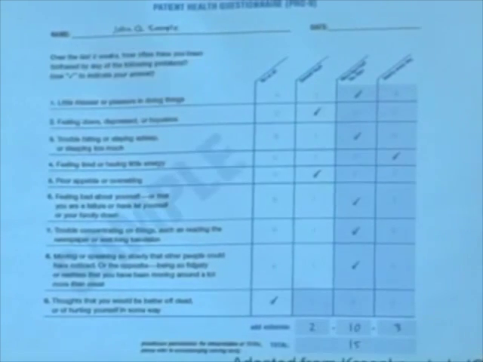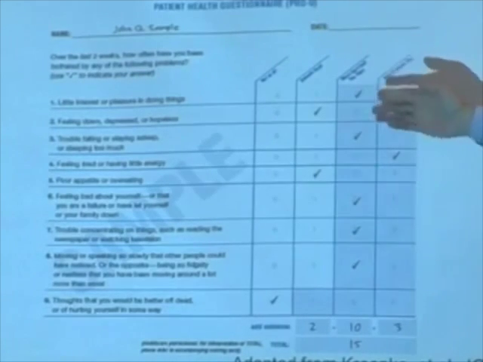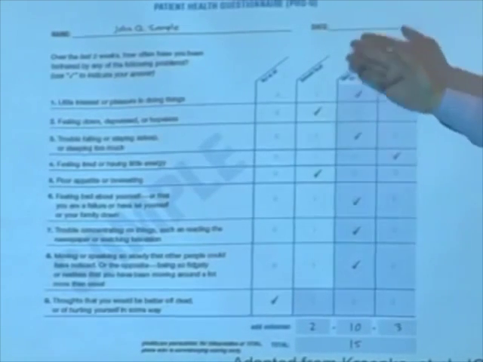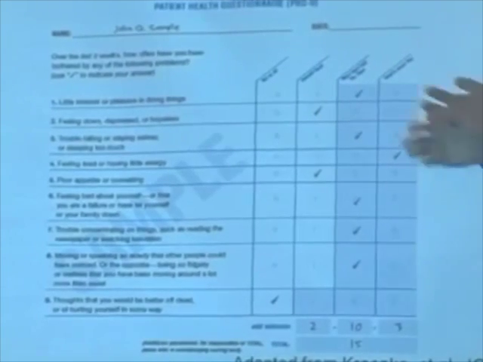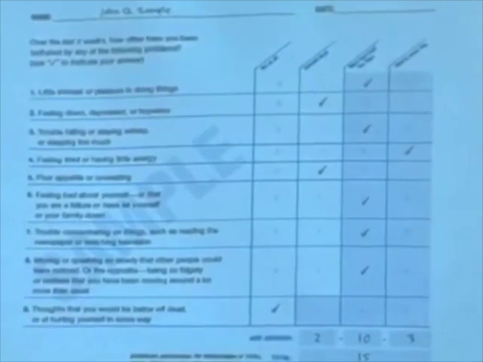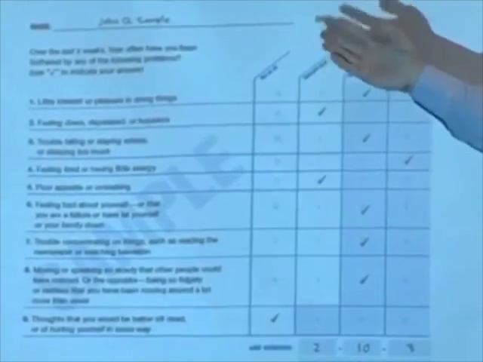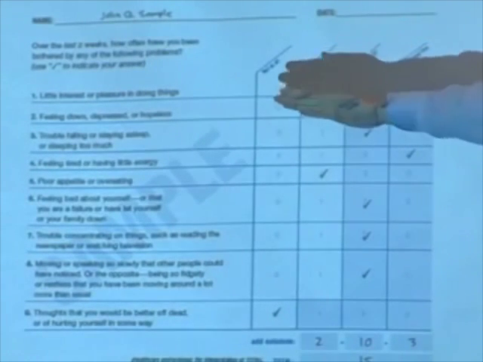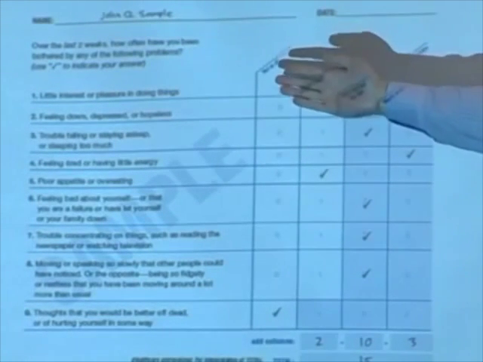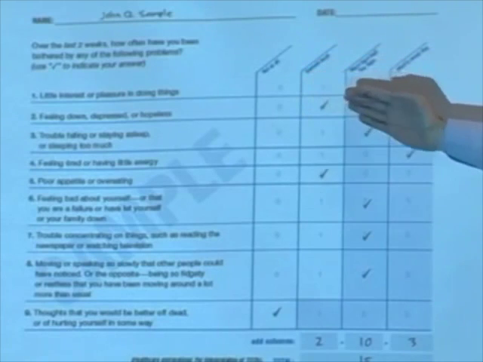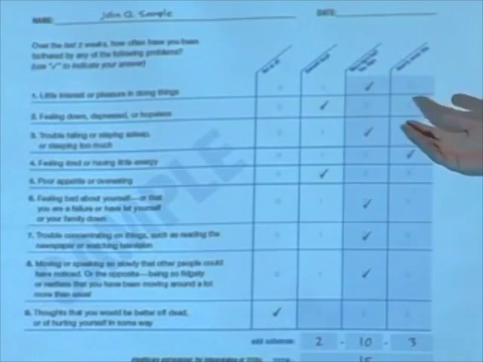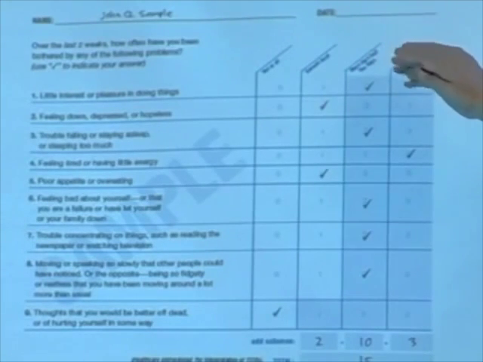And I think the next slide shows an example of what might happen if somebody fills this out. So this individual goes through the PHQ-9 and looks at the question about over the last 2 weeks, how often have I been bothered by any of these problems. The first item is little interest or pleasure in doing things. If the person feels like it's been happening more than half of the days, they put a little check in here, and this signifies a 2 on the score.